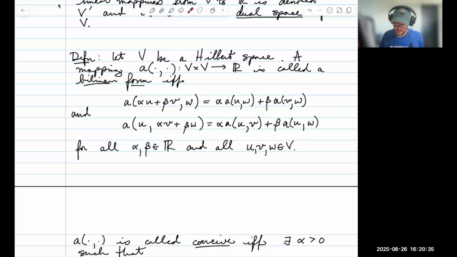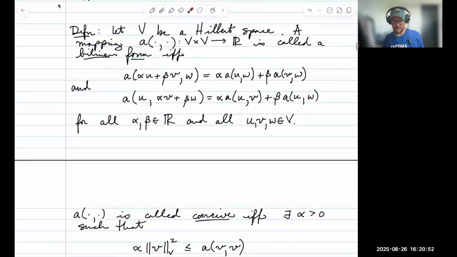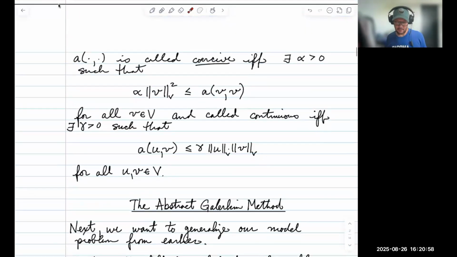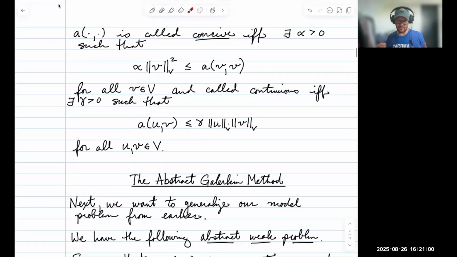So this has to hold for all scalars alpha and beta, and all objects that we're dealing with in the Hilbert space or Banach space, u, v, w. So this is what we mean by a bilinear form. It's linear in both entries. It's bilinear. Now we need some further abstraction.